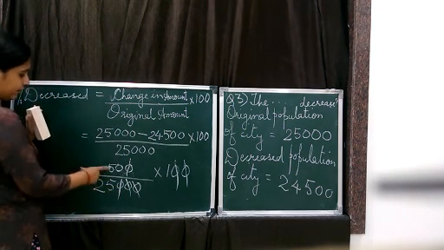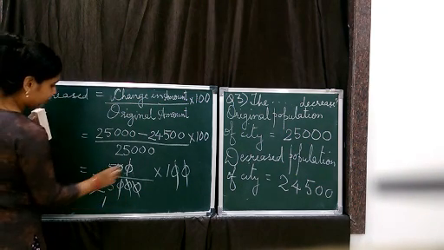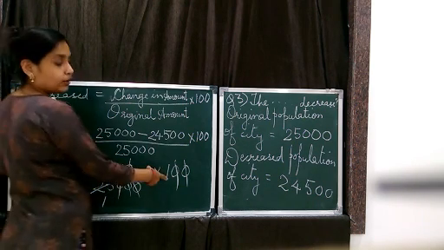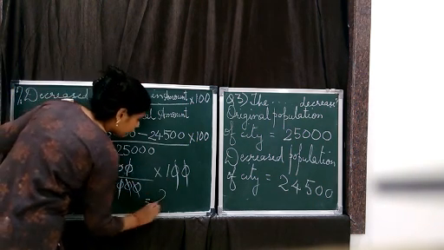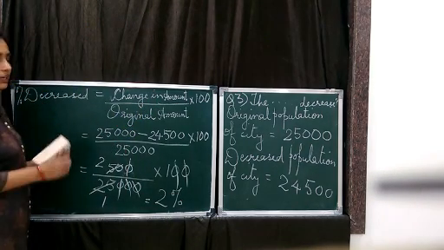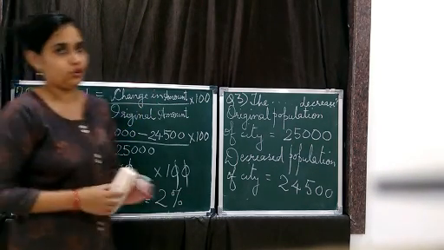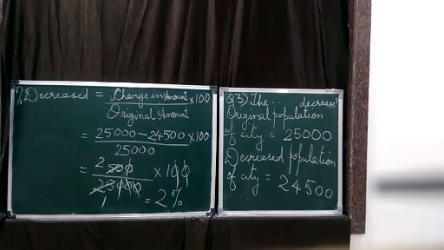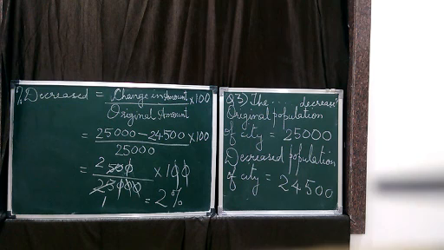Correct. Now 25 and 50. So 25 ones are 25. 25 twos are 50. So 2 into 1 gives us how much? 2%. So what is the decreased percentage? Decreased percentage is 2, or the population decreased by 2%.